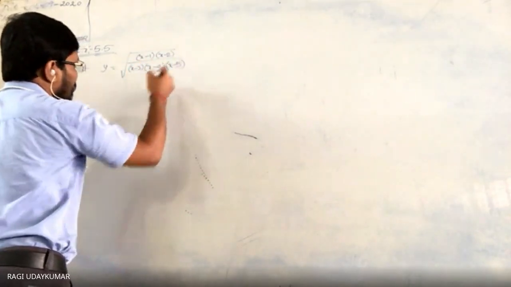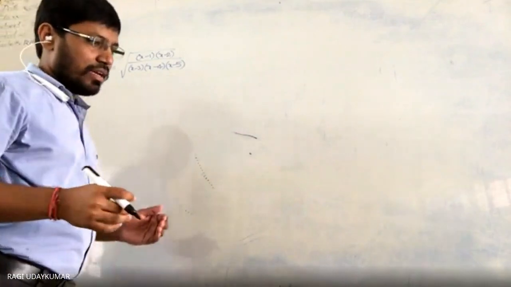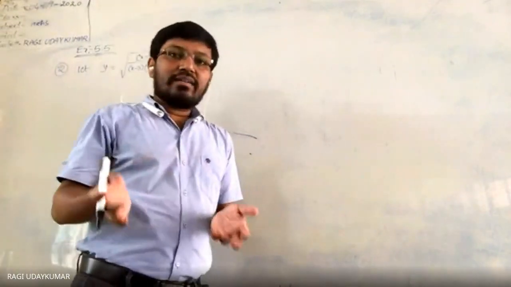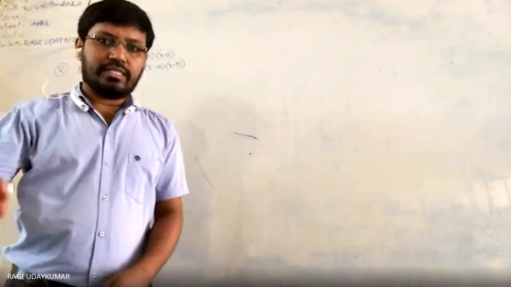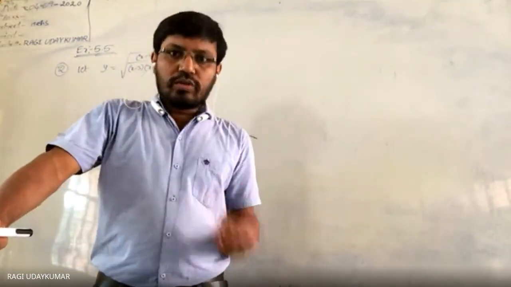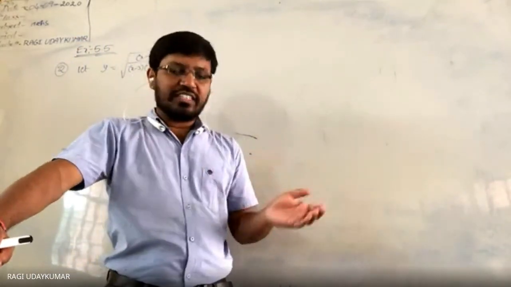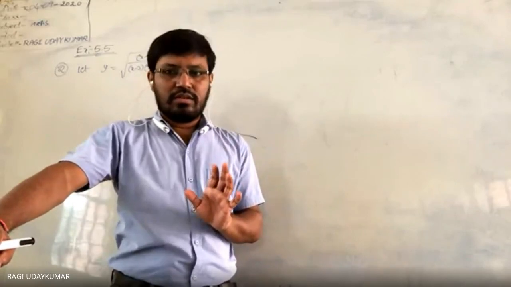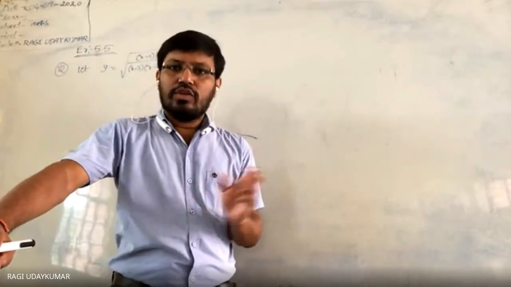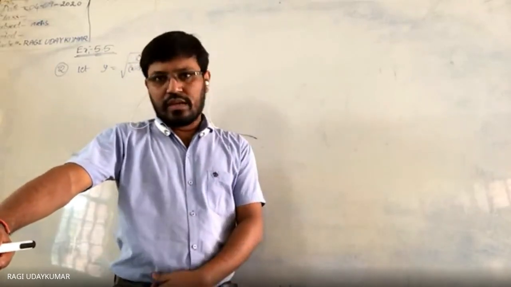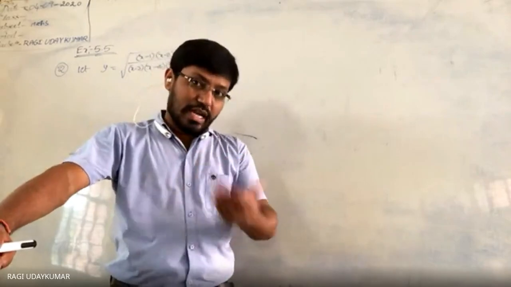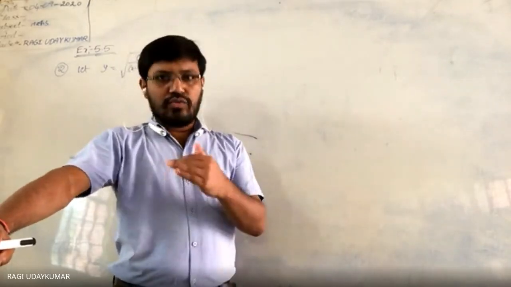So whenever the given function is having a product or quotient of more than two functions as a product. Suppose whenever you are having a product of two functions, you can apply the UV method. The U by V method you can apply when you are having the quotient of two functions.